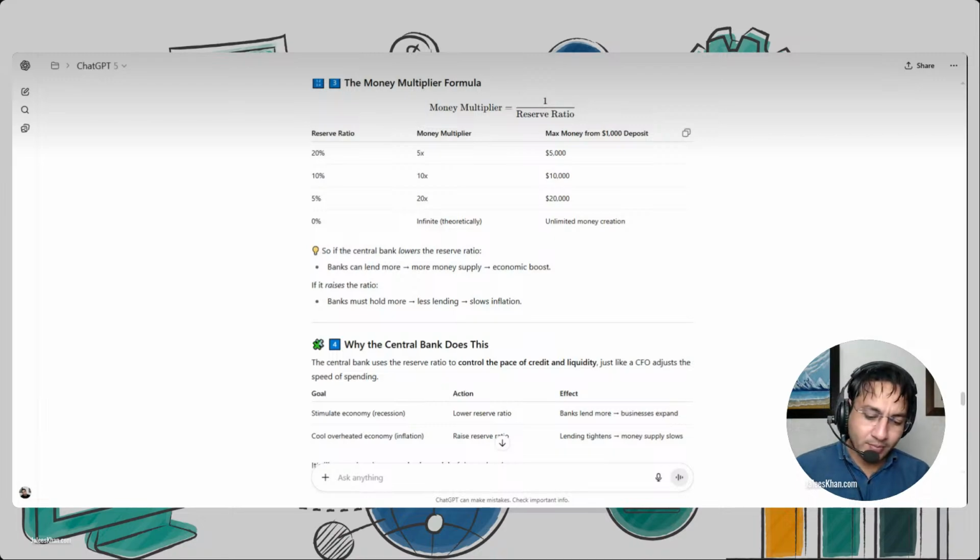So if I deposit $10,000 in a bank, the bank has to keep 10% of that amount, like $1,000, and they can loan out $9,000 to someone else as a loan. So that 10%, which is the $1,000 here, is the reserve ratio.